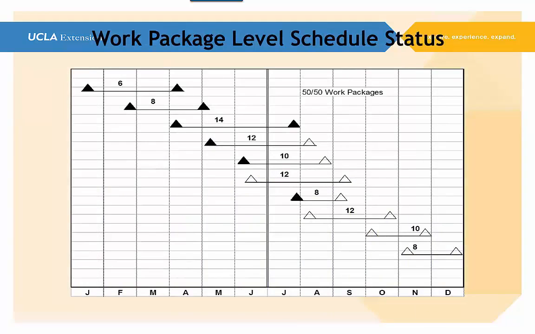Now this one is an interesting project schedule, because what this demonstrates is, when we talk about earned value and what method we are going to use to measure performance or how much work got done. This particular scale here actually is using that 50-50 work package.